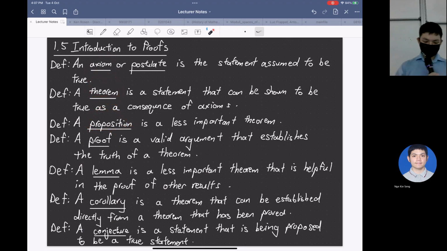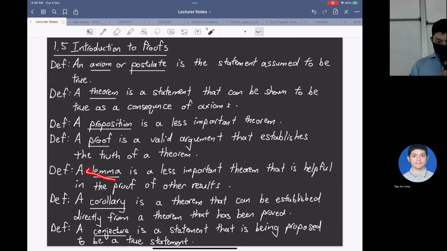Maybe a proposition is not as significant a result as a theorem, but we can use both. Proof is the valid argument that establishes the truth of the theorem. If you want to prove some theorem is true, then you need to provide the steps and give the right conclusion.